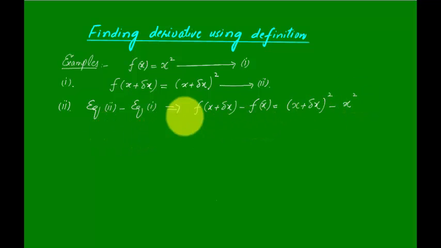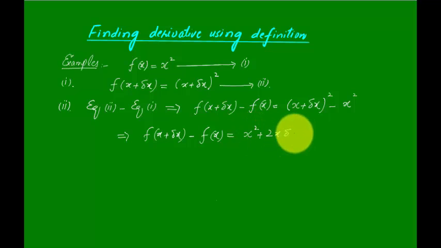Now we have to simplify this. This whole square can be written as x square plus 2x delta x plus delta x square minus x square.